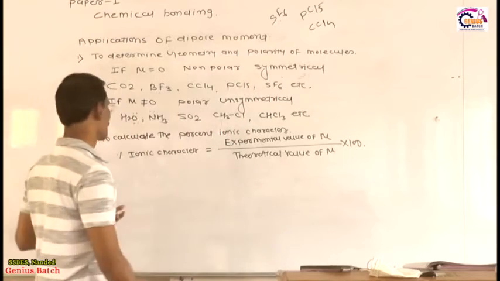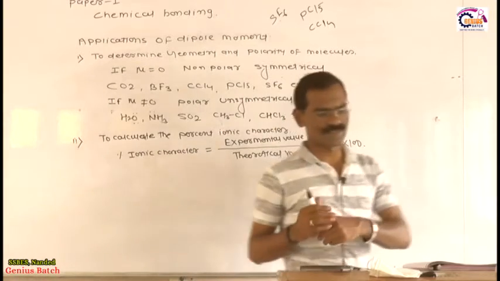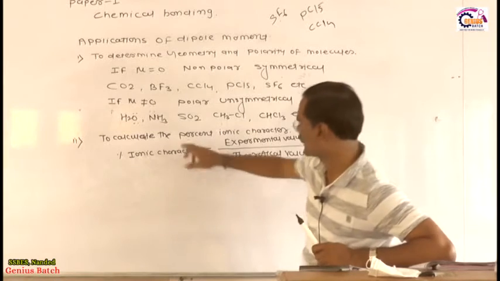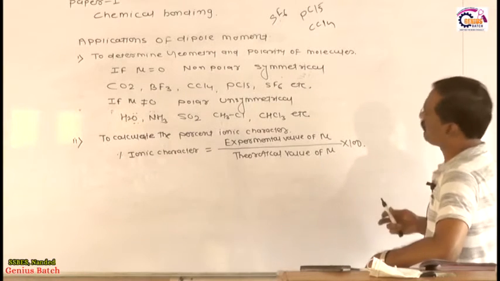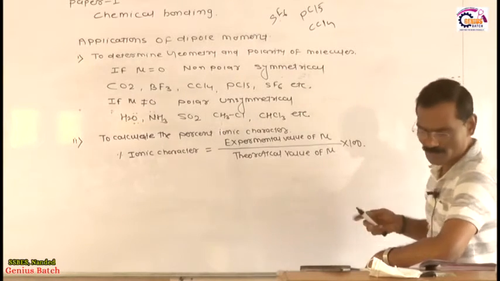So percent ionic character is equal to experimental value of mu divided by theoretical value of mu into 100.